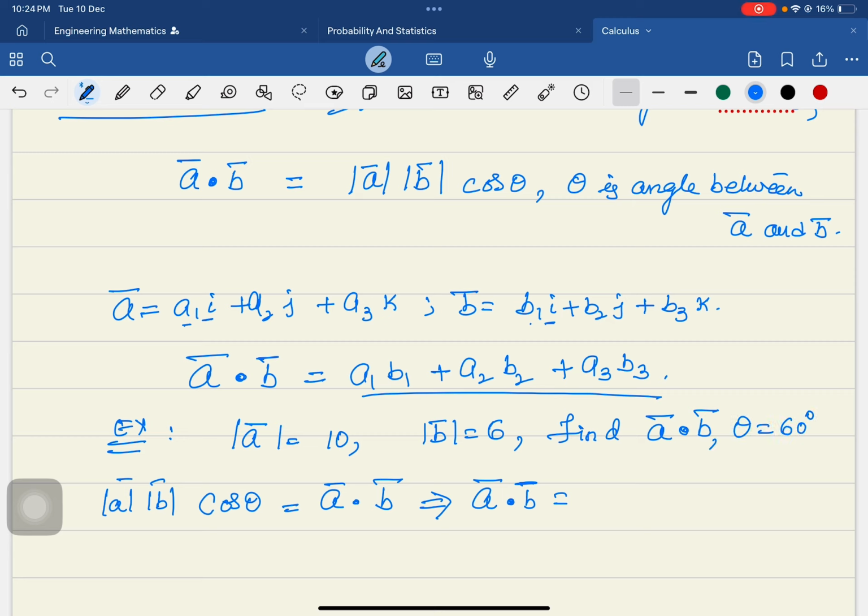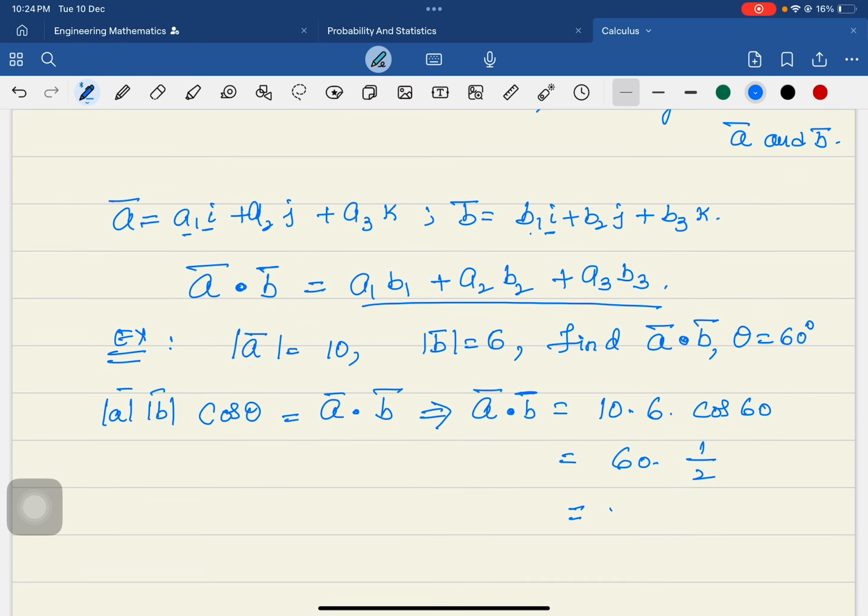Mod A is 10, mod B is 6, and cosine 60 degrees is 1 by 2. So 60 times 1 by 2 gives A dot B equal to 30. The angle and the magnitudes are given, so you can find the dot product of the two vectors.